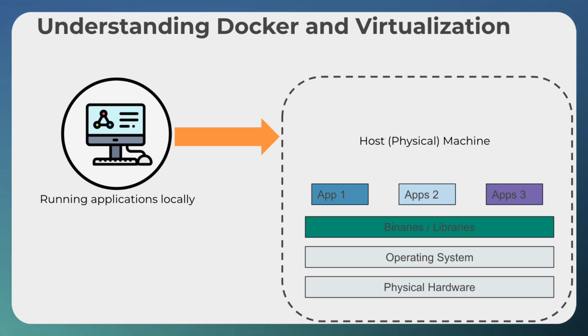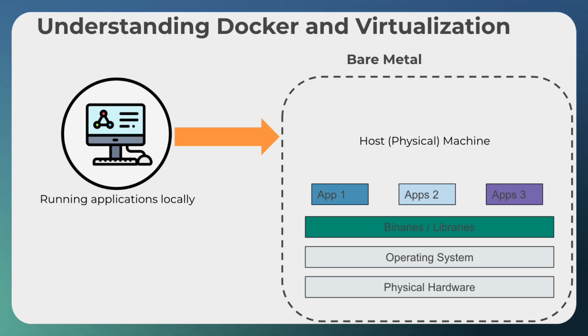In summary, we have the physical hard drive, and on top of it the operating system on which these libraries are installed when we run those applications. So we can have app 1, app 2, app 3, and so forth. We're running this locally and all is good.